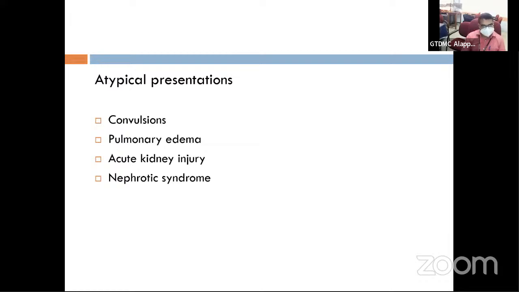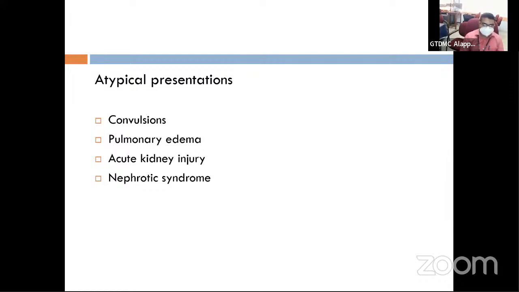And pulmonary edema: the initial presentation may be pulmonary edema with left ventricular failure. The child may present with cough, dyspnea, basal crepitations on auscultation, and orthopnea. These are all indicative of pulmonary edema, which is due to volume overload, an increase in the intravascular volume.